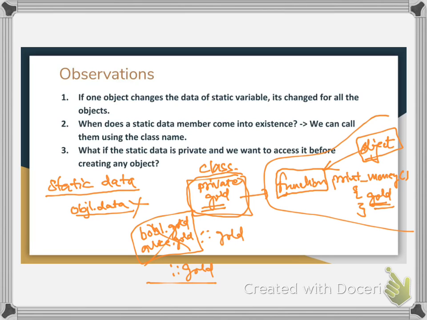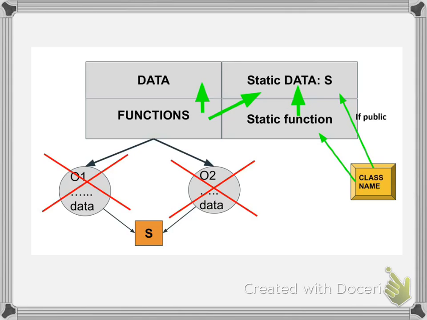To do that, we have one more thing in our program, and that is your static function. Static functions are similar to your static data. What is a static function? Like for your static data, you do not need objects to access the value of your static data. Similarly, to access your static functions, again you do not need any object, you can do it with your class name.